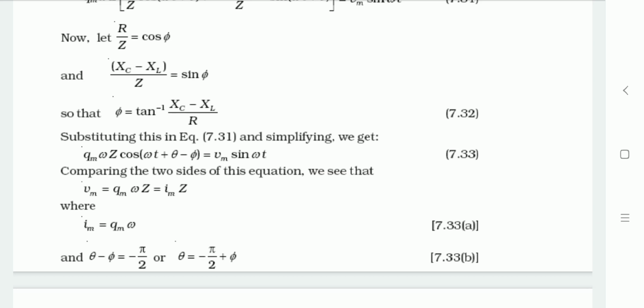So now compare the sine angle from both sides, that is omega t equal to omega t plus theta minus phi plus pi by 2. Omega will be cancelled out. So theta minus phi equal to minus pi by 2, or we can say that theta equals minus pi by 2 plus phi.